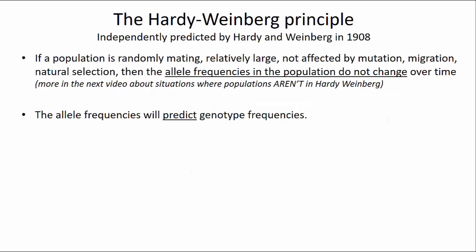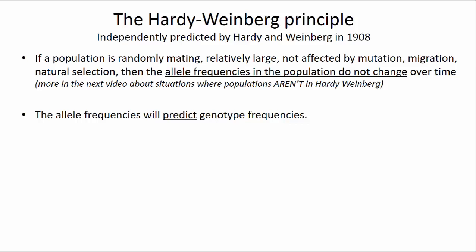Next, I'd like to introduce the Hardy-Weinberg principle. This principle was independently predicted by two different individuals, one named Hardy and the other named Weinberg, and was introduced in 1908. Their principle is that, assuming a population meets certain criteria, the allele frequency in that population is not going to change over time, and the allele frequencies present in that population will predict the genotype frequencies that will be observed.